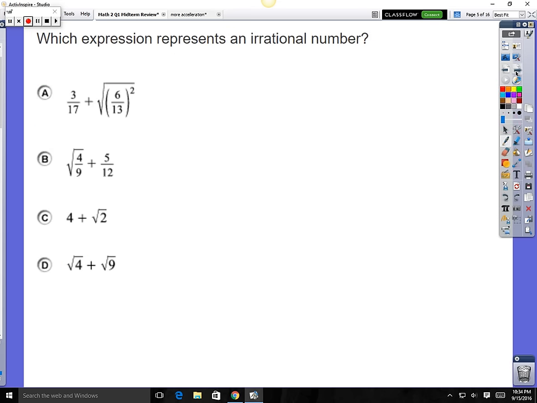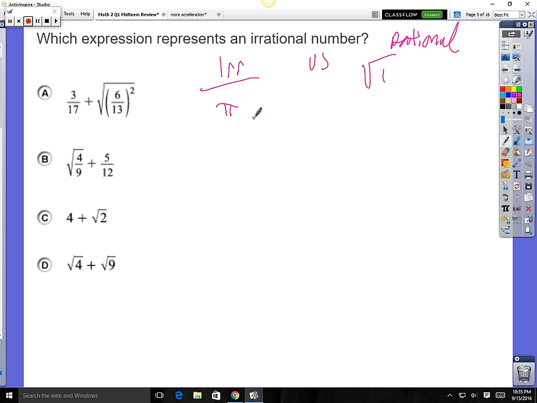Okay, good. Which expression represents an irrational number? Okay, the irrationals are most of these square roots that are nasty. 1 is awesome. So remember the rational versus the irrational. The most famous irrational is pi. It's a decimal that goes on forever, an infinite number of digits, but it's chaotic.